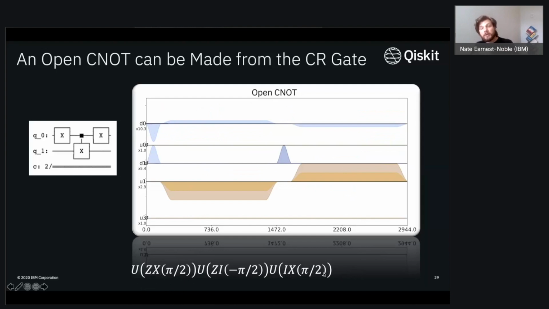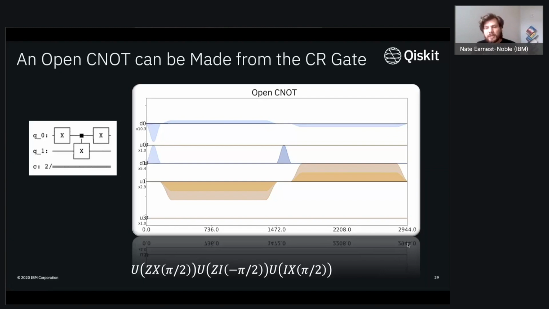In this case, we're going to do a positive pi over 2, and this ends up giving you an open controlled NOT up to some global phase. So this is great. We've now shown that taking a pulse-based perspective can help reveal ways in which you can reduce the total duration of some circuit, even in the instance of an open CNOT.